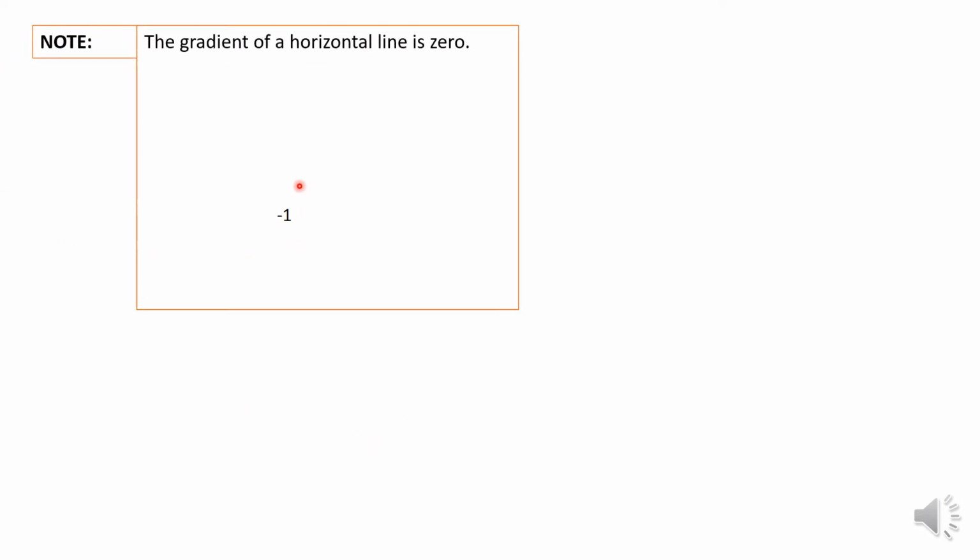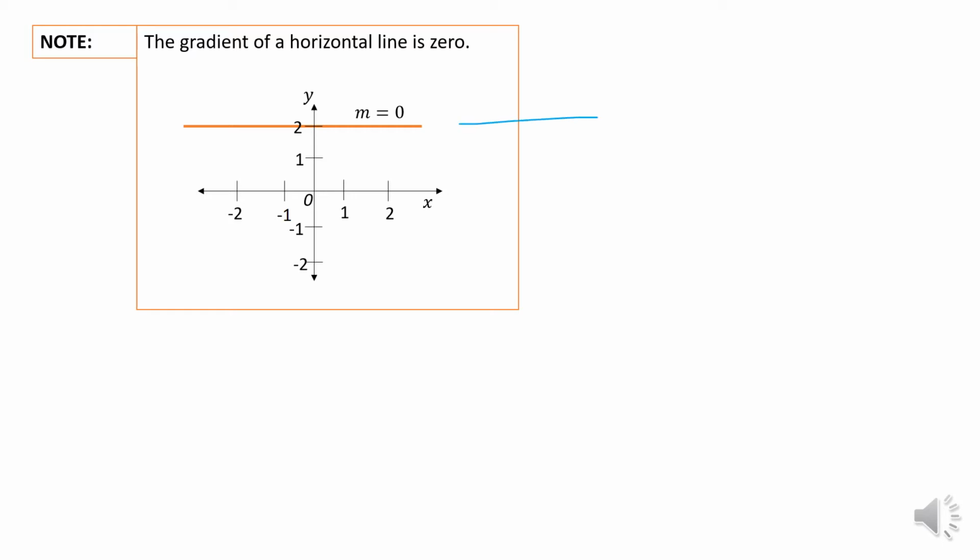So let me bring in just a few notes here so you know exactly what I'm referring to. So suppose there are some other important lines. For example, for a horizontal line, the gradient is 0. Okay, and in such cases when the gradient is 0, it's when you have points where the y values are the same.